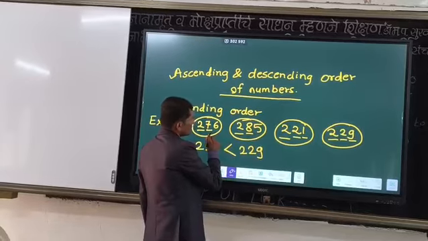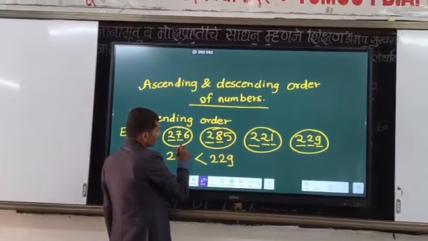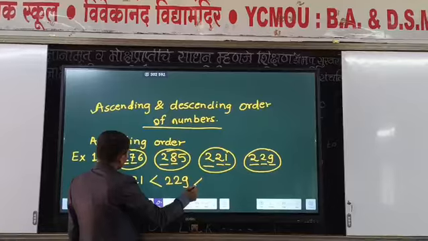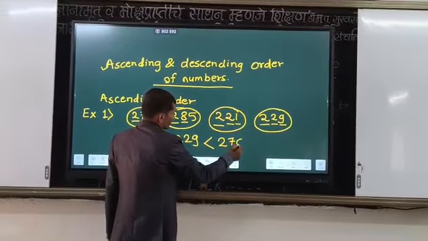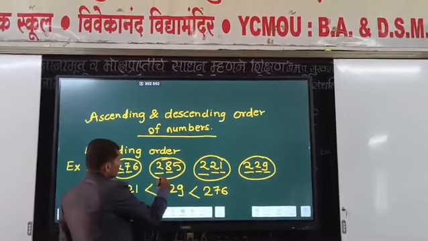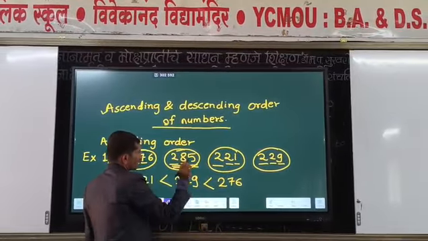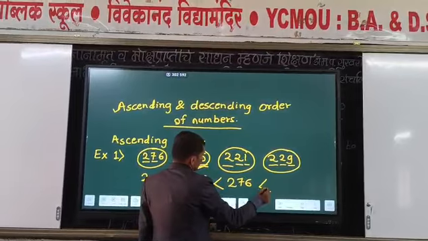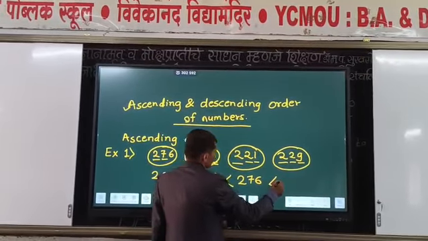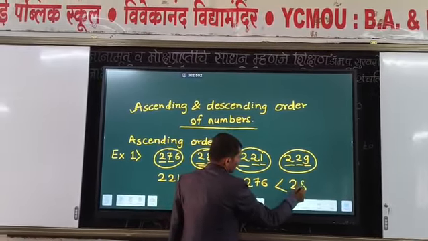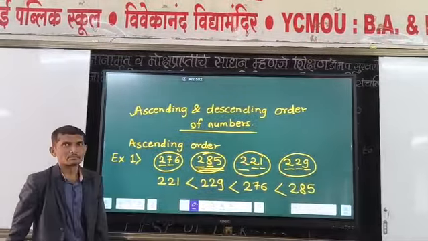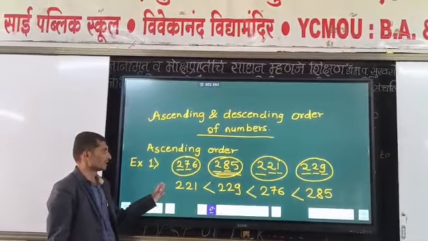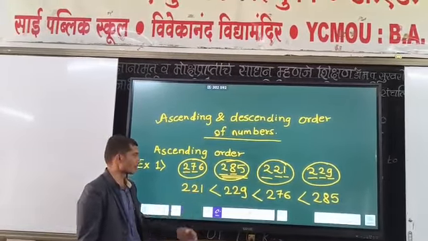So at the place of 3, the 276 number will come, and the remaining number will come at last place. Okay, which one is the last place number? 285. Okay, so friends, by this way we can say that this is the ascending order.